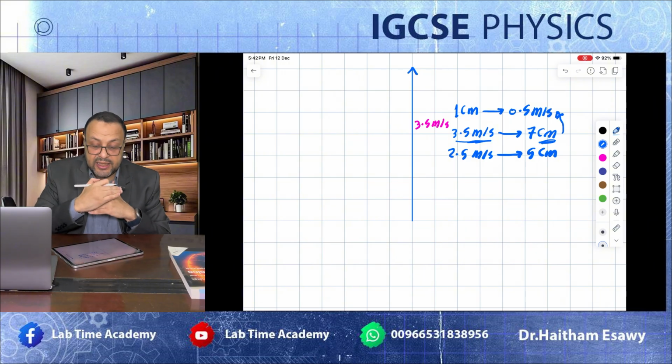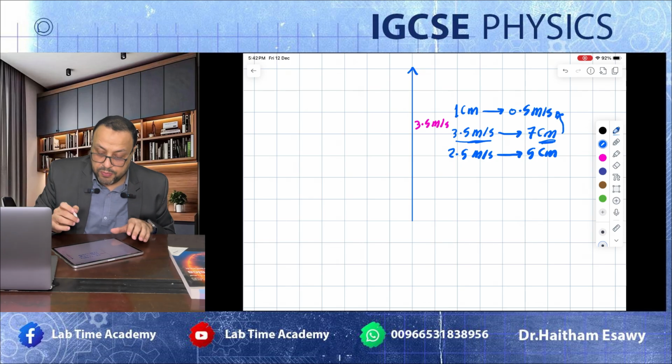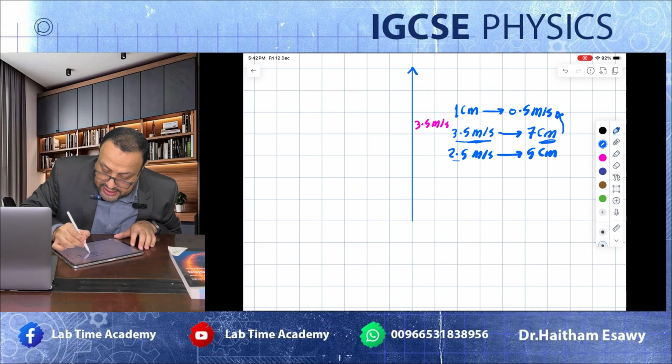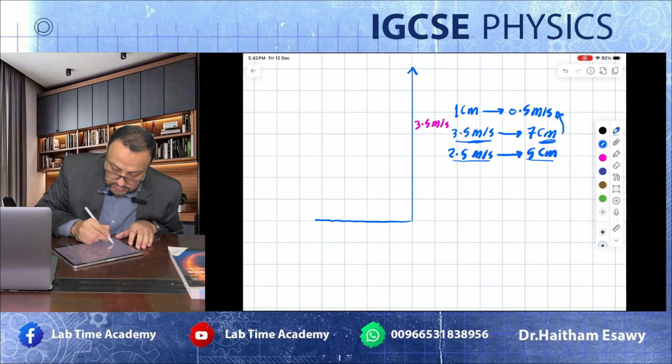What about the second vector? We have a right angle between them. He said here, the second vector has a right angle to the first vector. Yes, it will be 2.5 meter per second. That represents 5 centimeter. So I'll start to draw 5 centimeter. This will be the second vector.